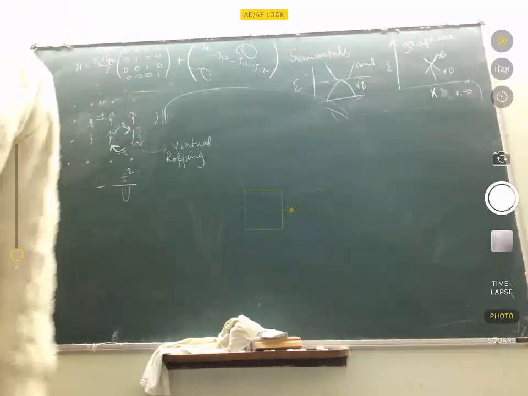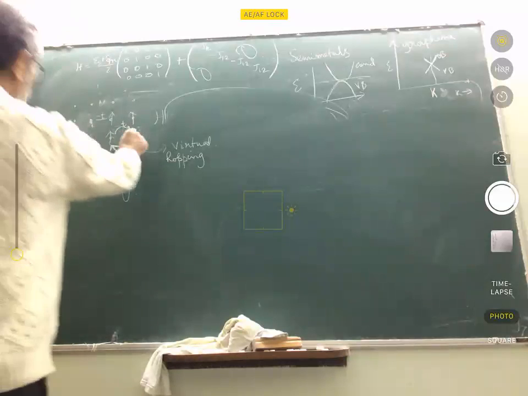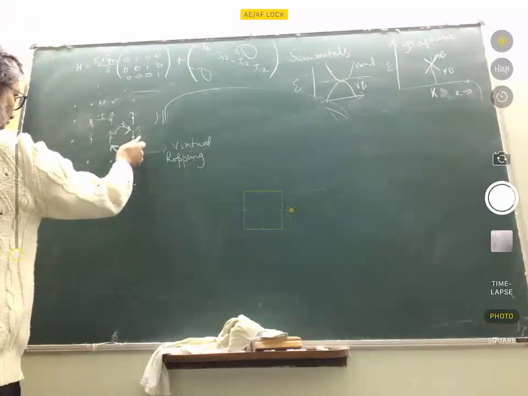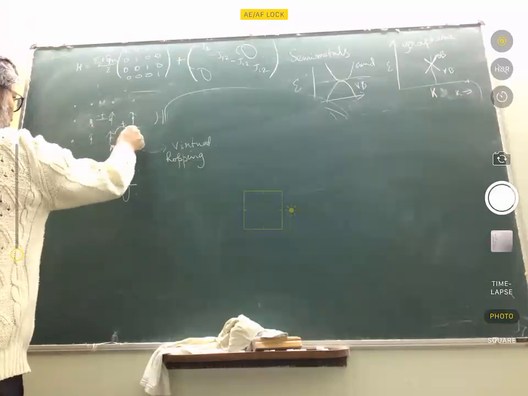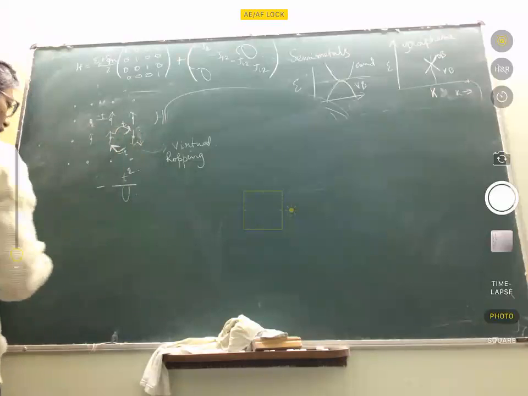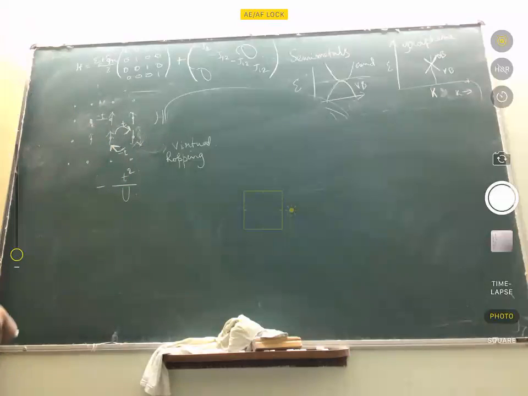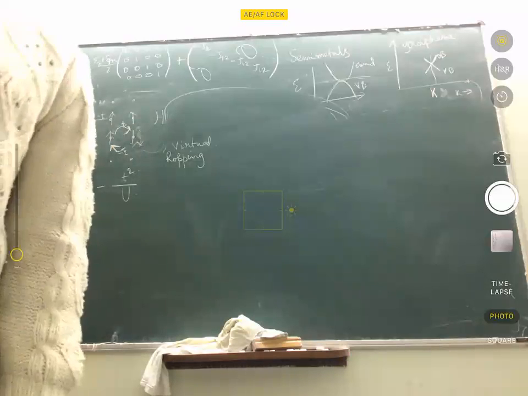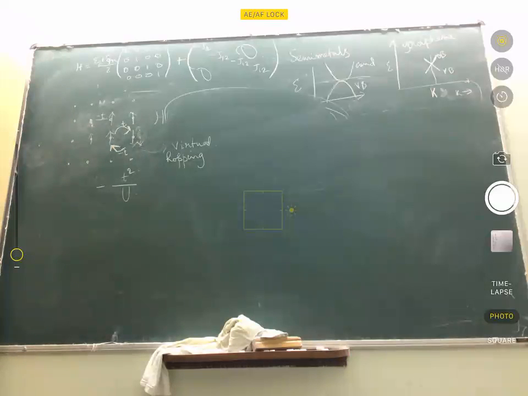If they have the same spin, it cannot come here. Pauli exclusion principle will prohibit that. So only if this is up and this is down, this process is allowed. So this kinetic exchange gives rise to an antiferromagnetic exchange between spins on neighboring sites.